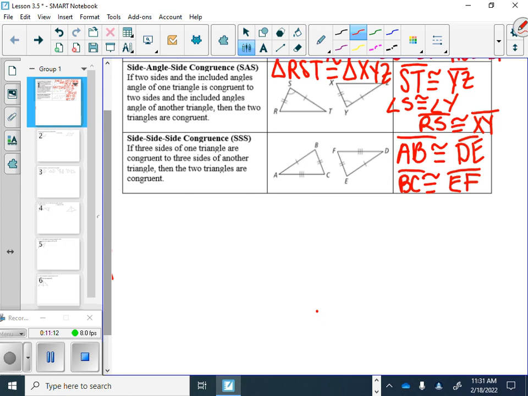And then AC is congruent to? There you go, DF. So once again, I can say that triangle ABC is congruent to triangle DEF by side, side, side, or SSS.